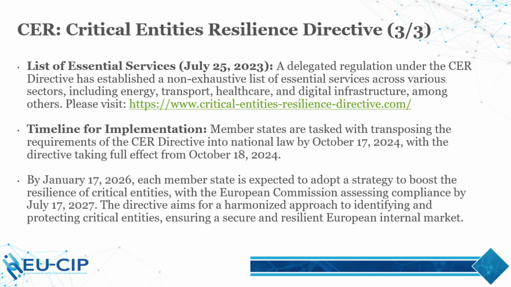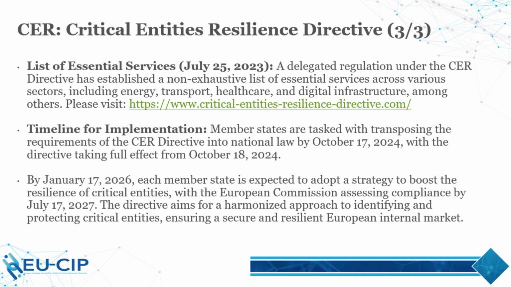A critical timeline has been set for member states. By October 17, 2024, they must transpose the CER Directive's requirements into national law, with the directive becoming fully effective the following day. This marks a significant step towards a unified and resilient Europe. Looking ahead, each member state is tasked with developing a strategy by January 17, 2026, to enhance the resilience of critical entities.